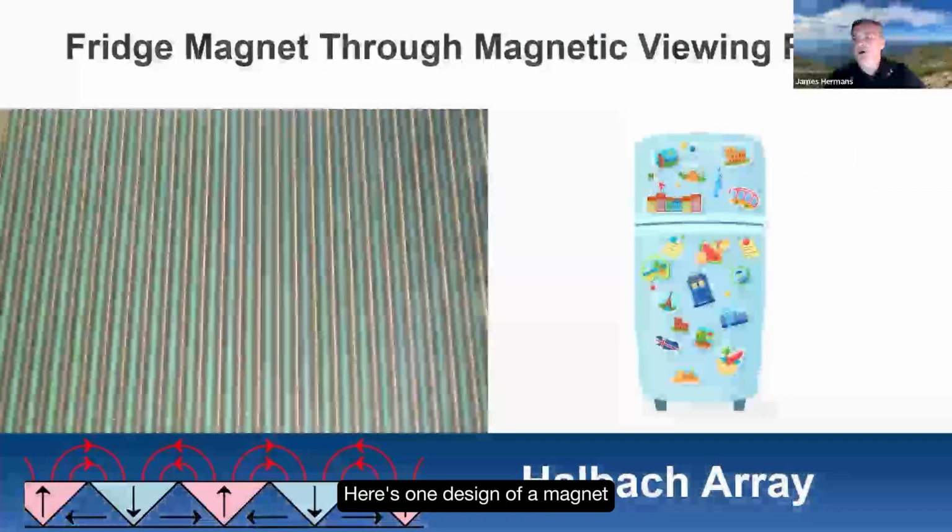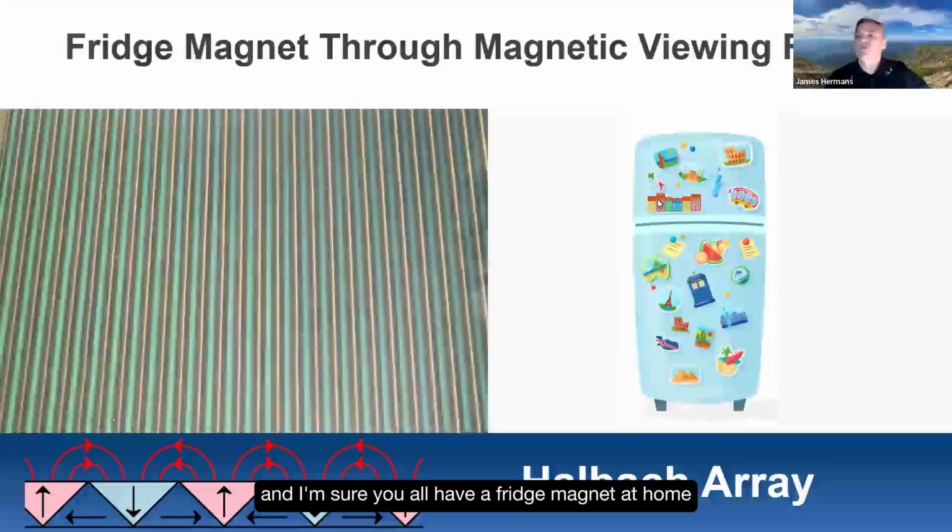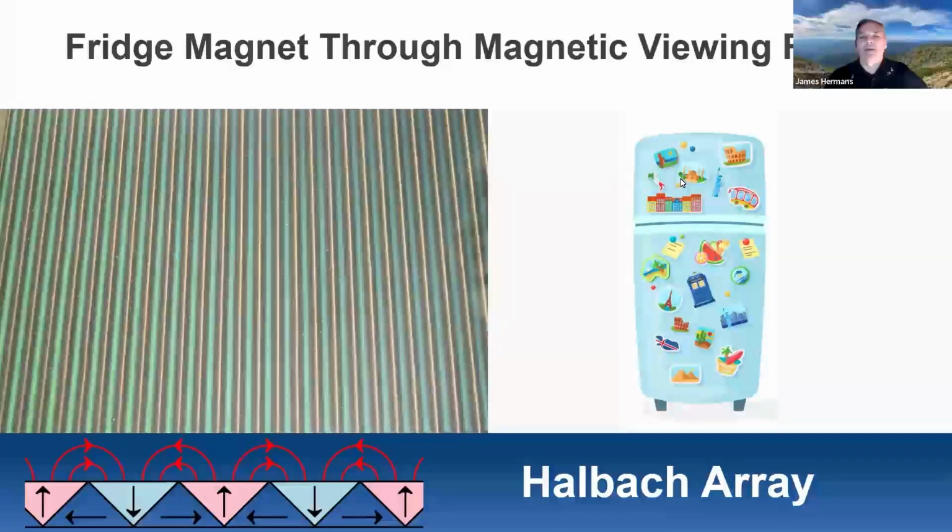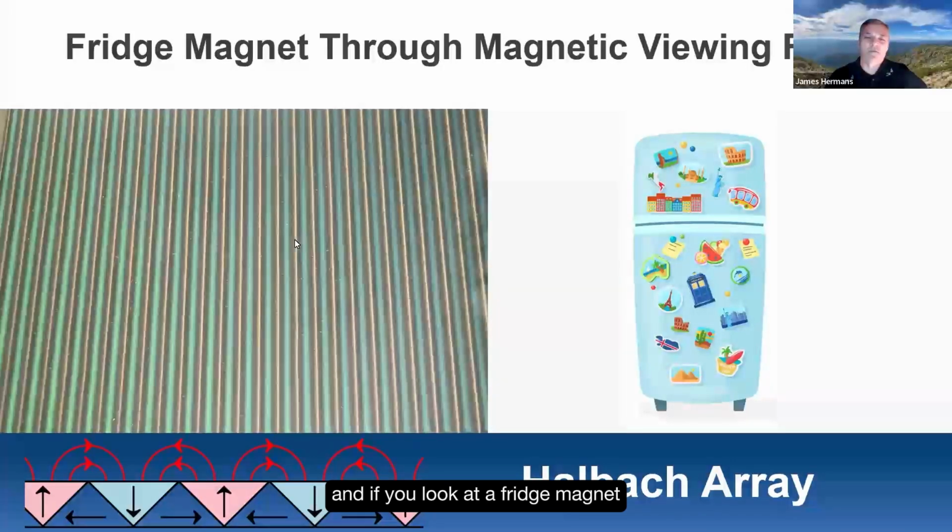Here's one design of a magnet, and I'm sure you all have a fridge magnet at home. If you look at a fridge magnet through magnetic viewing film, you'll see these lines. This is what's called the Halbach array. The diagram at the bottom shows the design and the orientation of the magnetization, so that virtually most of the magnetic field comes out on one side.